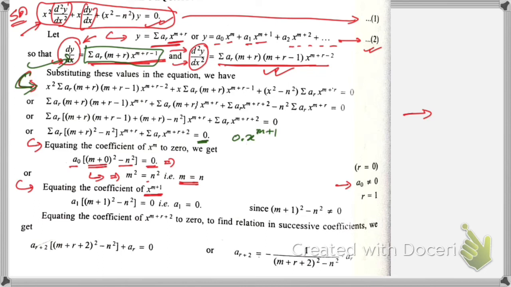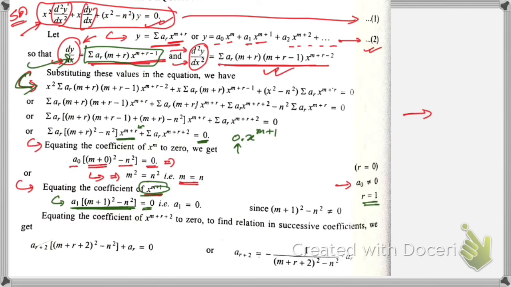And here you see this is x to the power m plus r. So in order to equate x to the power m plus 1, you have to put r is equal to 1, right? Putting r is equal to 1, you will get this result. If you get the coefficient on the left hand side, you will get this, and on the right hand side the coefficient is 0, right?